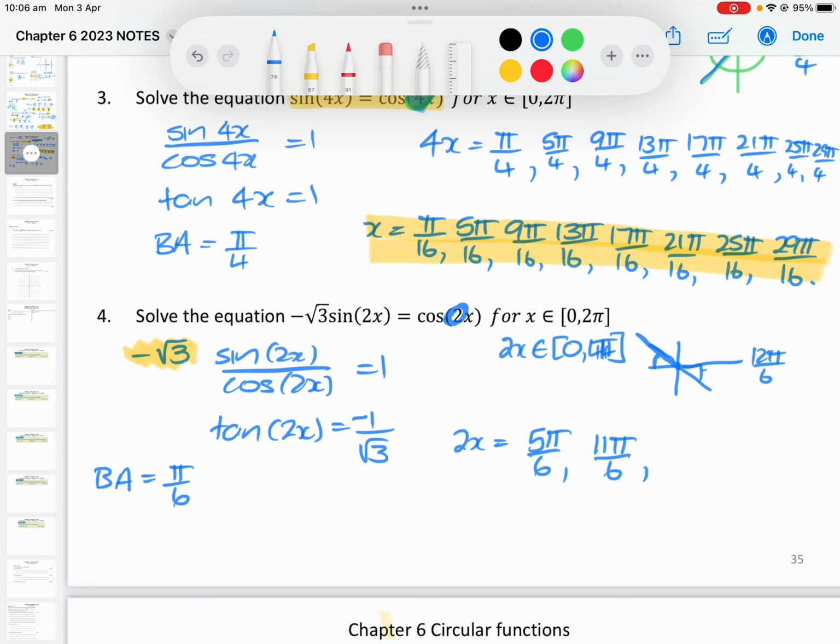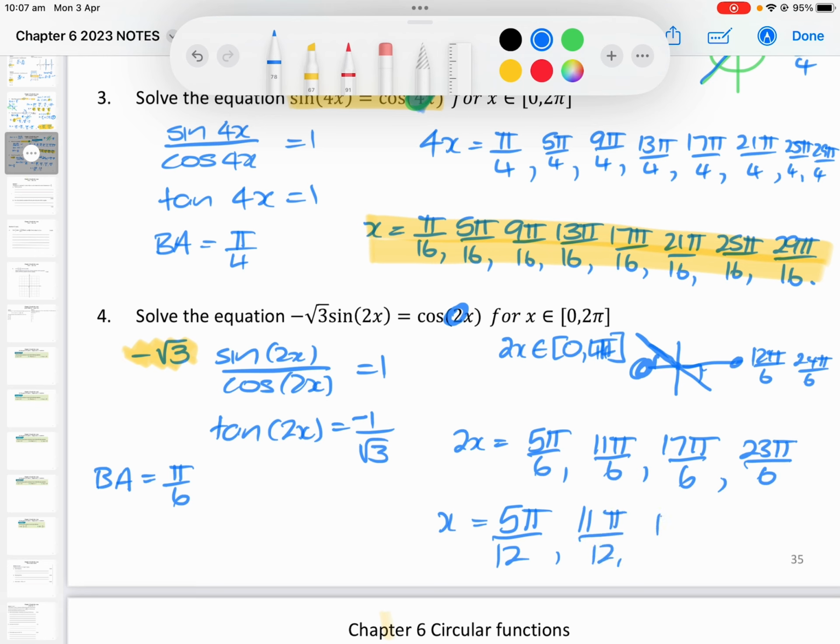And then I have to do another lap around, so I'm going to get 17 pi on 6, because this is the same as 18 pi on 6. And then the last one, when this is 24 pi on 6, I'm going to go pi on 6 less, which is 23 pi on 6. It's a lot of fractions, isn't it? So x is 5 pi on 12, 11 pi on 12, 17 pi on 12, and 23 pi on 12.